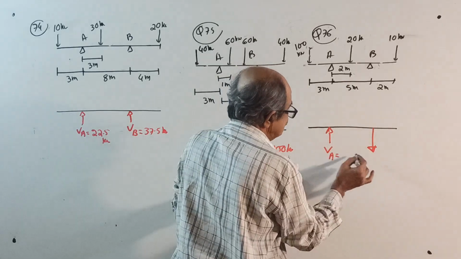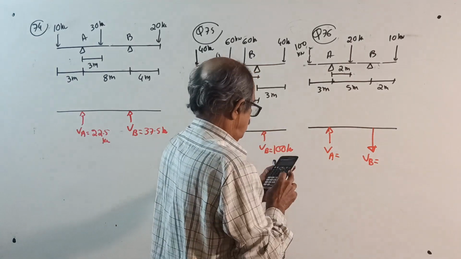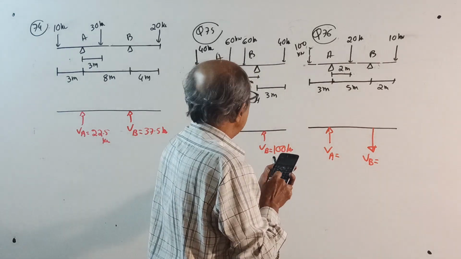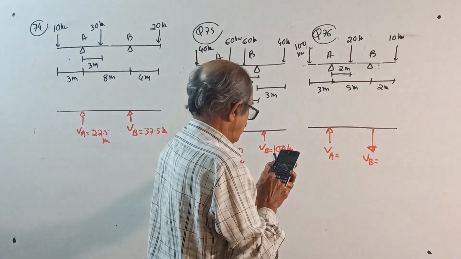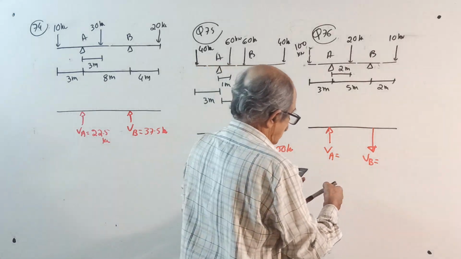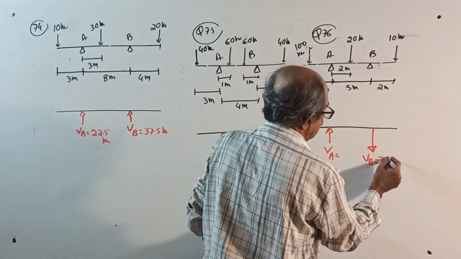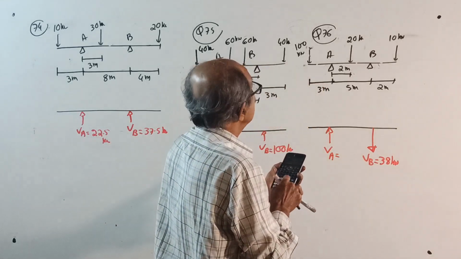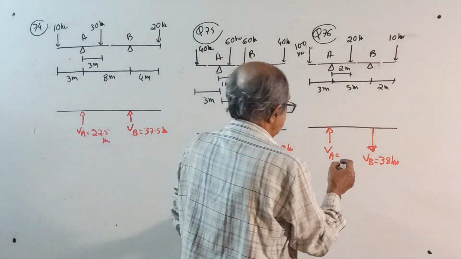You take upwards, and when you solve, the negative sign will come. 20 into 2 plus 10 into 7 minus 300 divided by 5 gives 38 kilonewton VB, down 38. 38 plus 30 plus 100, 168 kilonewton.